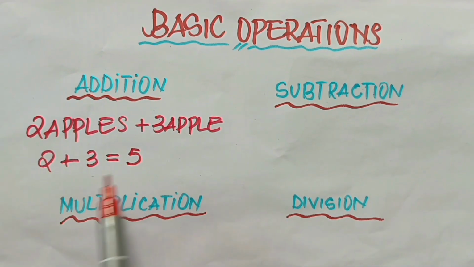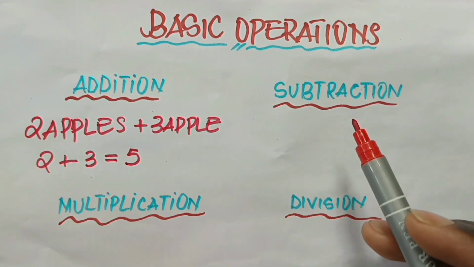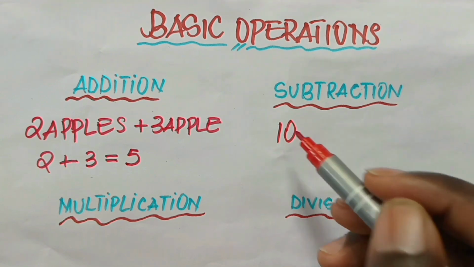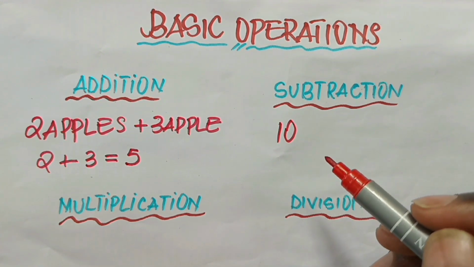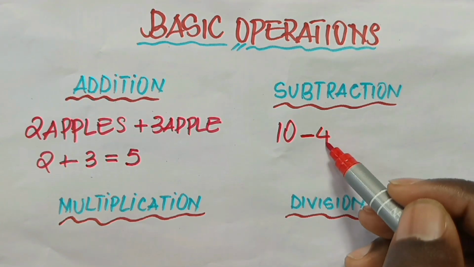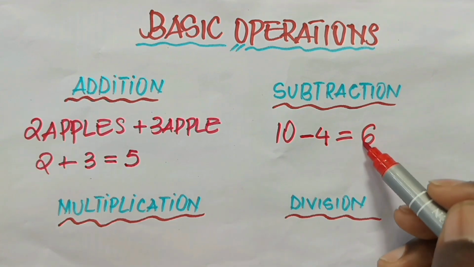That is what happened here. And look here, you have subtraction. For example, you have $10 and you spend $4. You're going to have $6.